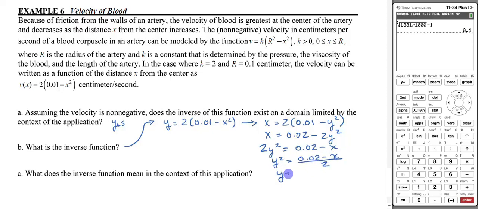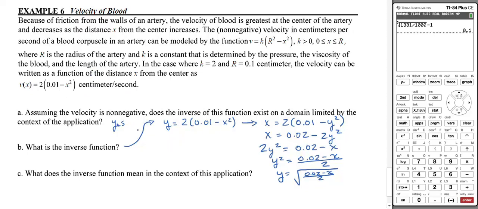And then y is going to be the positive square root of that. Only the positive because, make sure that this radical covers that denominator. Only positive because y is the velocity, and x is the distance from the center.